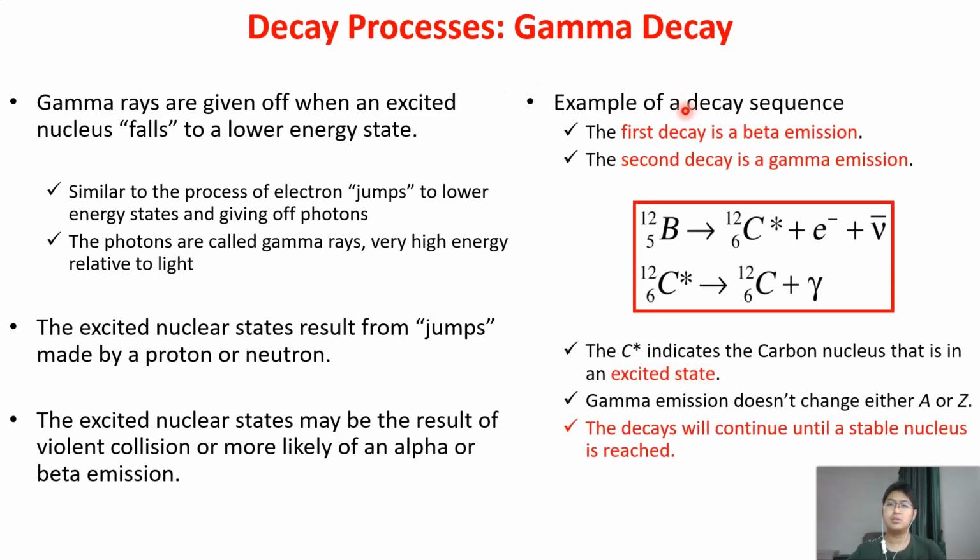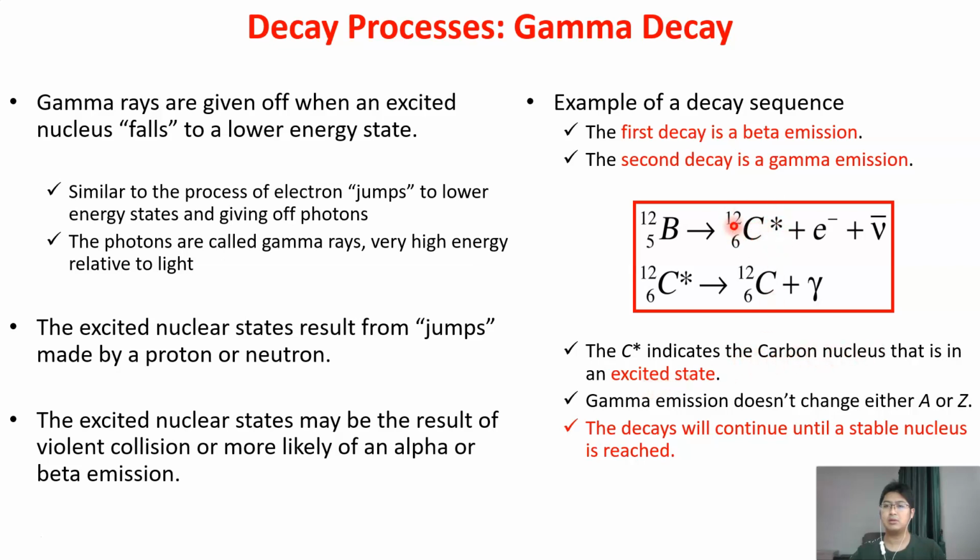So this is an example of a decay sequence. The first decay is a beta emission. The second decay is gamma emission. This is the beta emission. The C asterisk indicates the carbon nucleus that is in excited state.